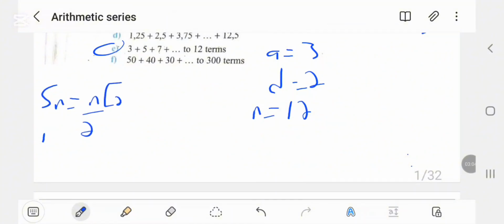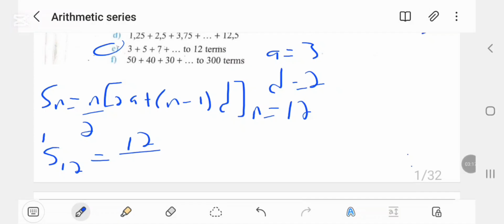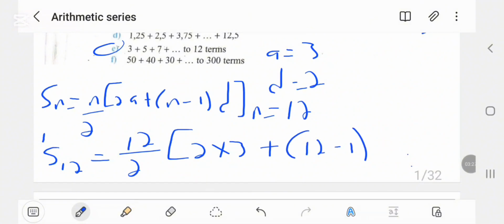Square bracket 2a plus n minus 1 d, close bracket. So the sum to 12 terms is equal to 12 over 2. Now 2 times a is 3, plus n minus 1 is 12 minus 1, 11. And then d is 2, and let's square bracket everything.